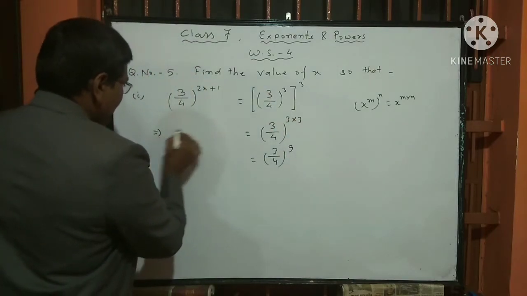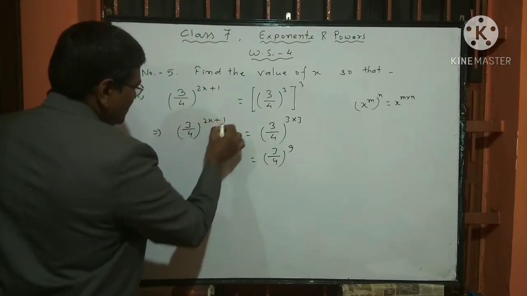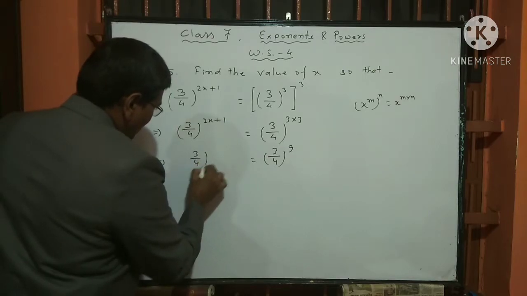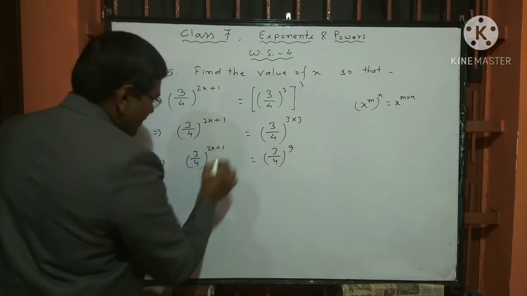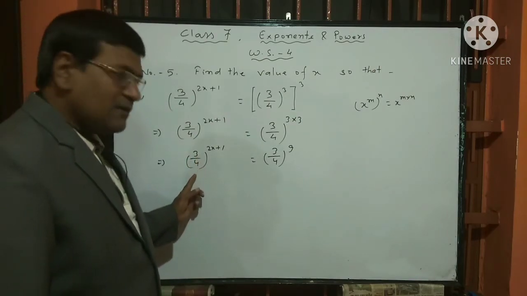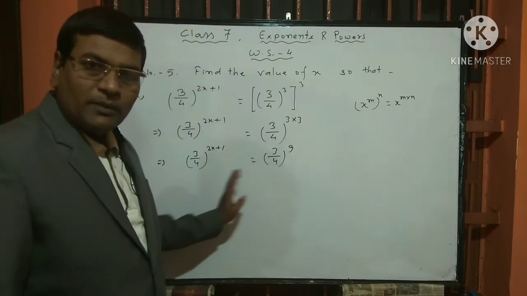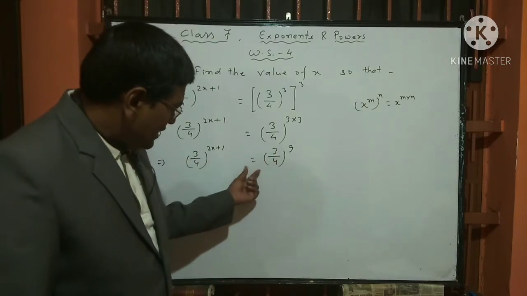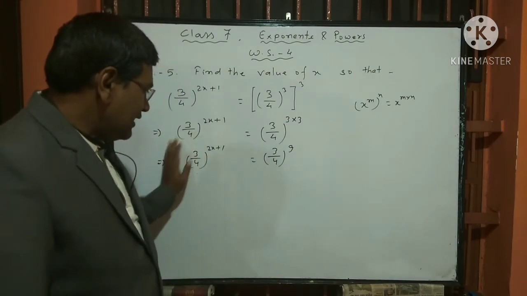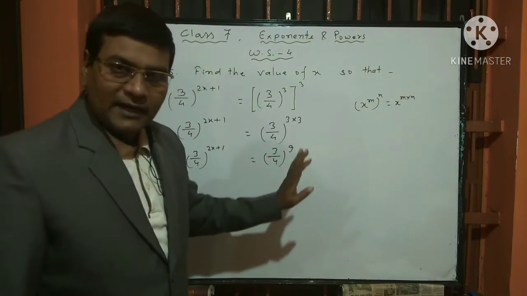In the left hand side, it is (3/4) to the power 2x plus 1, no change. Now in the left hand side, base is 3/4. In the right hand side, base is 3/4. Both bases are same. The sign here is equals. That means whatever is in the left hand side will be equal to the right hand side.